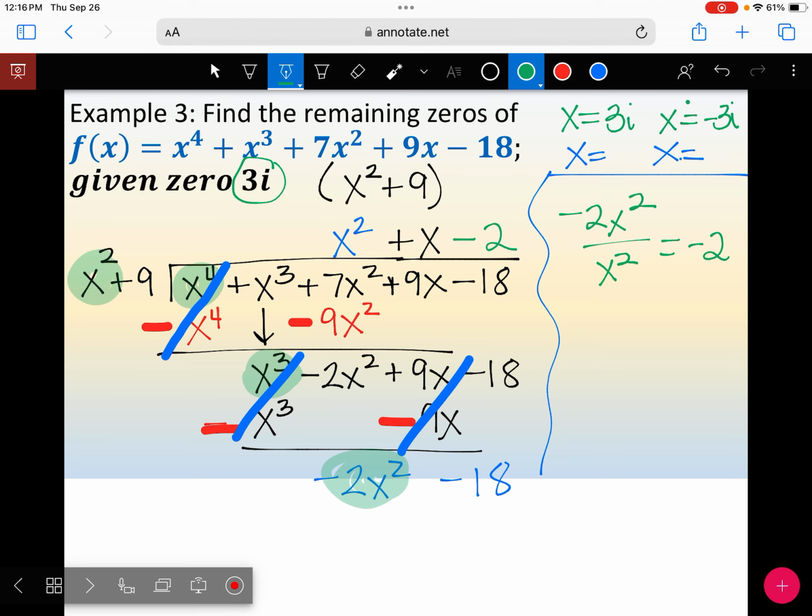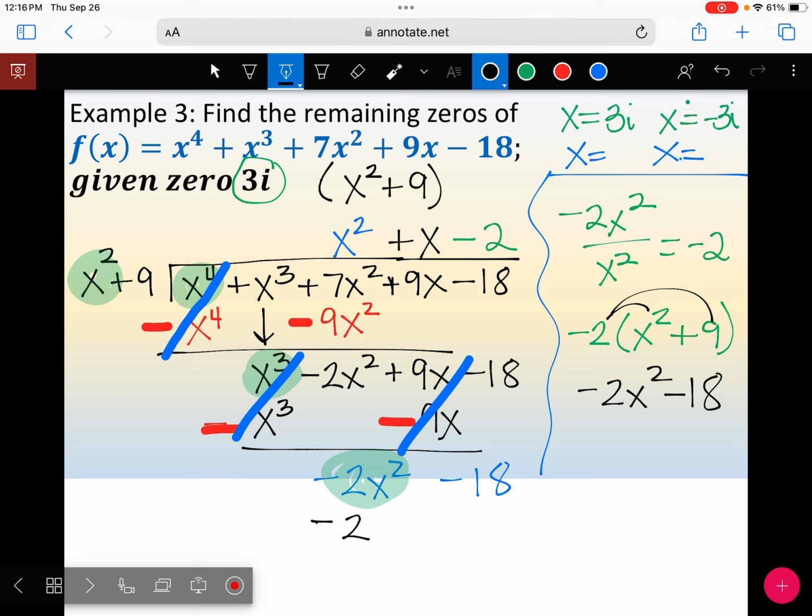Put that on the roof. And then take negative 2, multiply that by x squared plus 9. And you should get negative 2x squared minus 18.